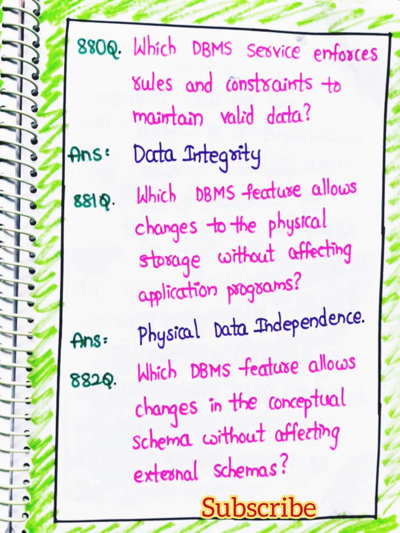Next question, which DBMS service enforces rules and constraints to maintain valid data? Data integrity. Next question, which DBMS feature allows changes to the physical storage without affecting application programs? Physical data independence.